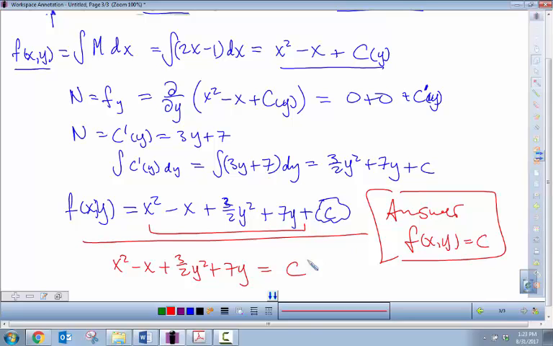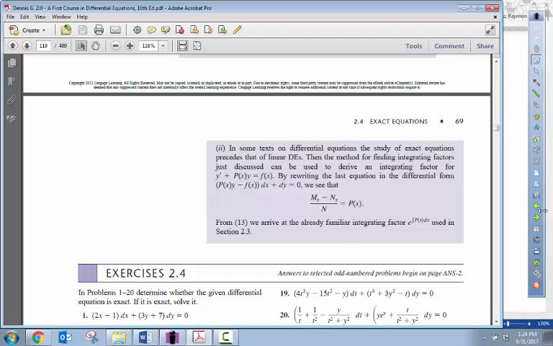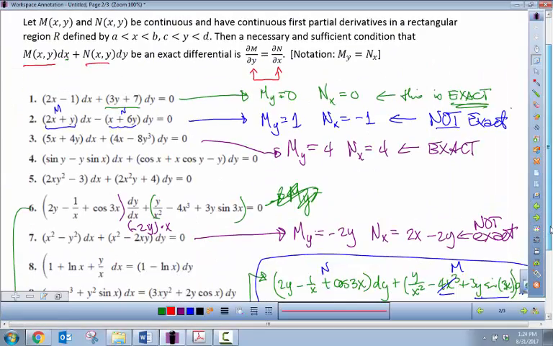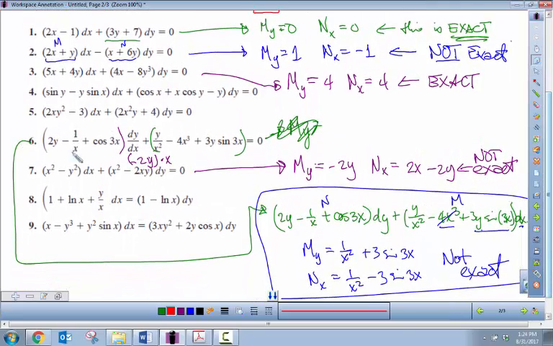And do another one? Let's put a box around here, just so I'm clear. All right, let's take another one that was exact. Number 3 was exact. Oh, too bad 6 wasn't exact.